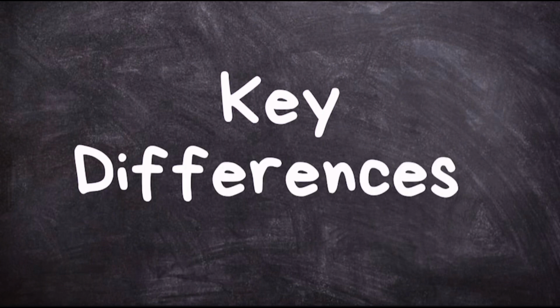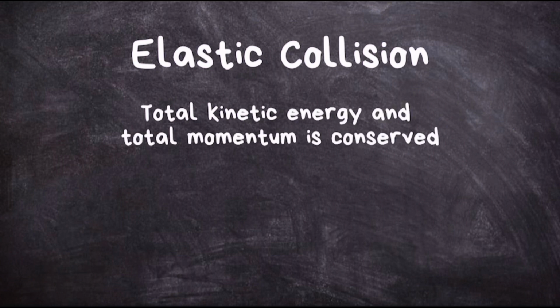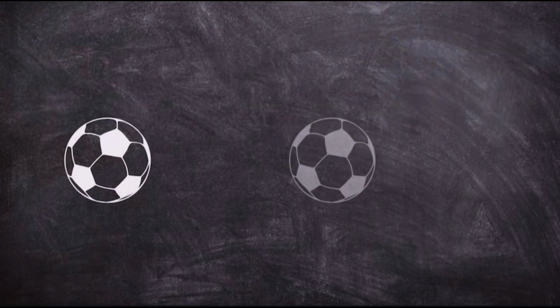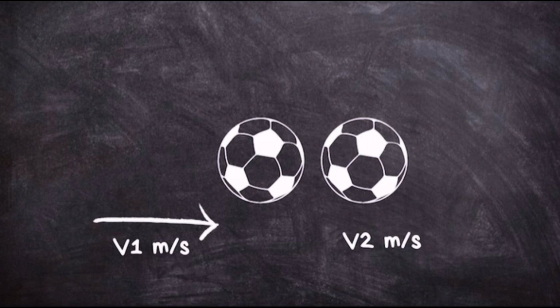Since these two collisions are different, there are, of course, some key differences to always remember. First, elastic collision causes the total momentum to be conserved. This means, since there is no loss in kinetic energy, the objects will bounce right off each other.